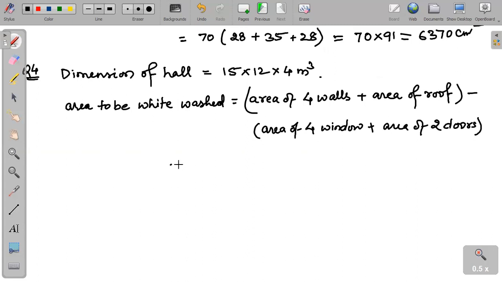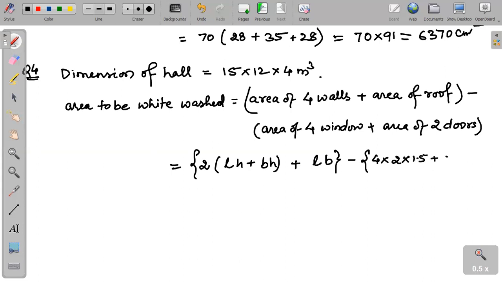Now area of four walls are going to be equal to twice LH plus BH. Area of the roof is L into B, and from this we have to subtract 4 into dimension of window, which is 2 into 1.5, plus 2 doors, that is 2 into 1.5 into 2.5.